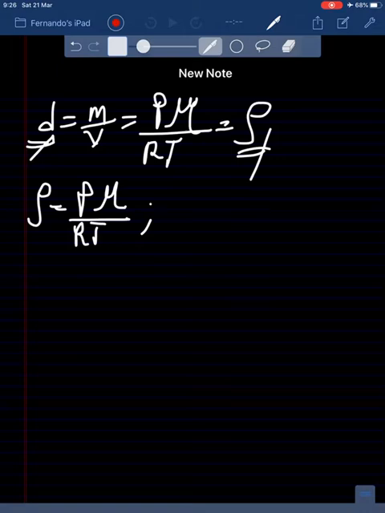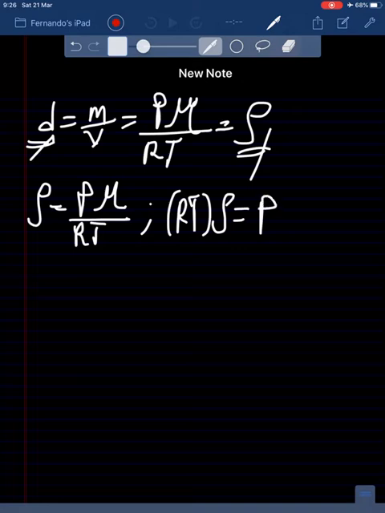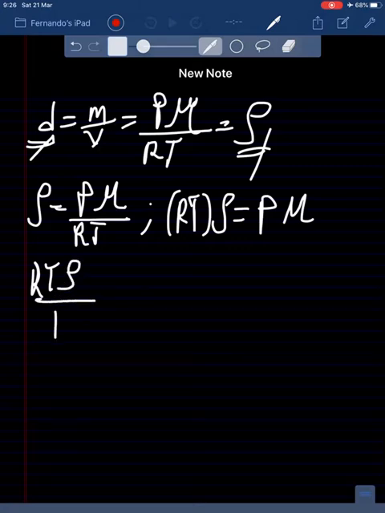So if I clear the equation, RT times the density is going to be the same as the pressure times the molar mass. Then I can clear for molar mass: RT times the density over the pressure is going to be the same as the molar mass. The molar mass of what? Of the gas that I am studying.